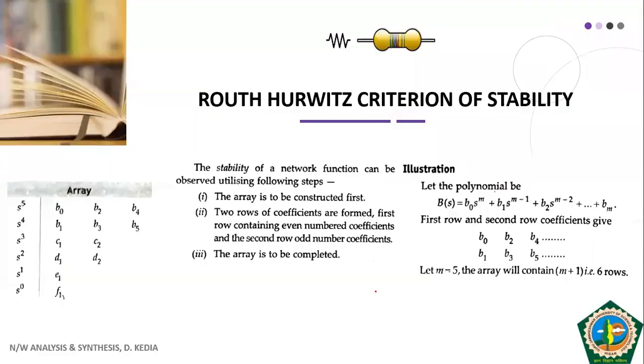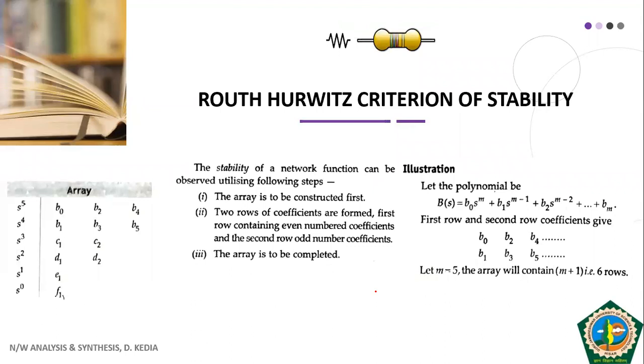So students, after looking into necessary conditions for transfer function, we now move to a very important criterion that will help us in determining the stability. From the very beginning of this class, I am talking about stability. So here comes that thing, that with the help of the network function, by applying the Routh-Hurwitz criterion, we can determine whether a system is stable or not.